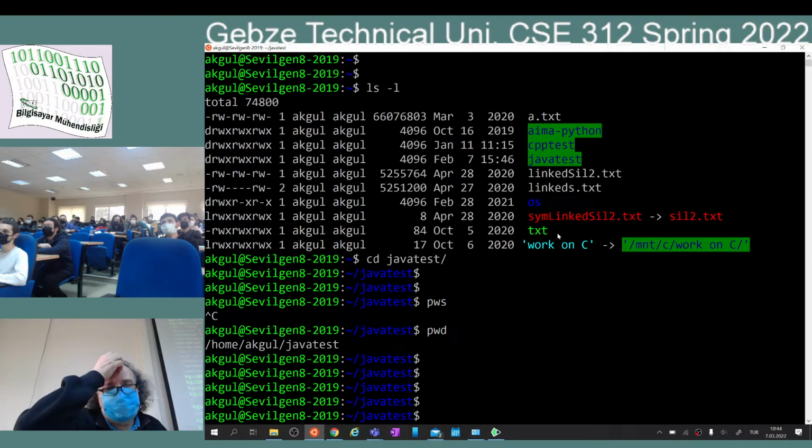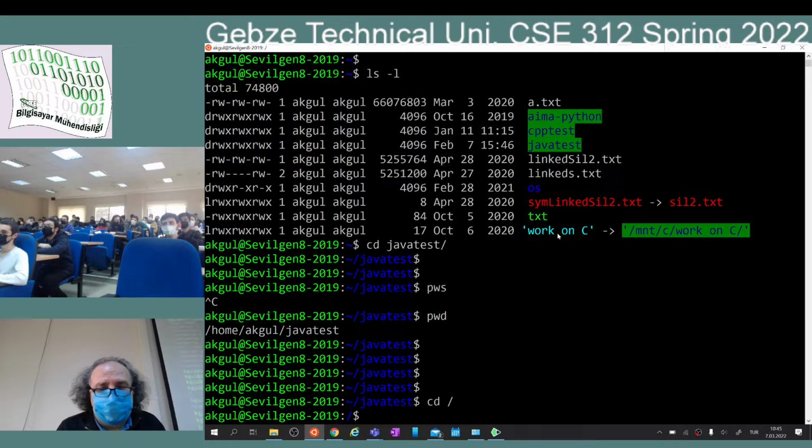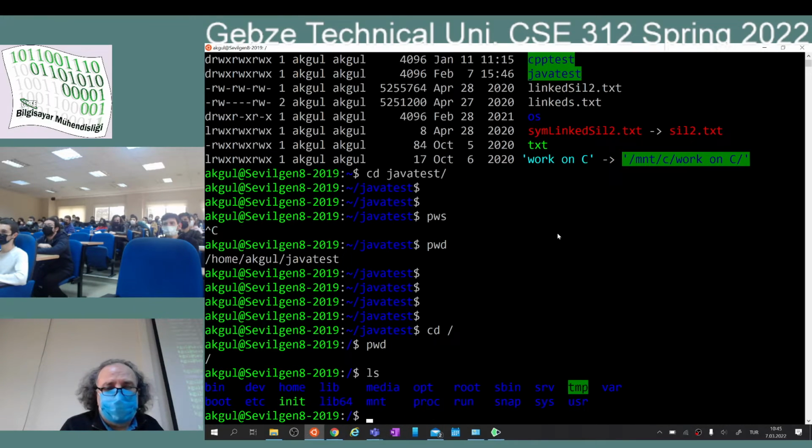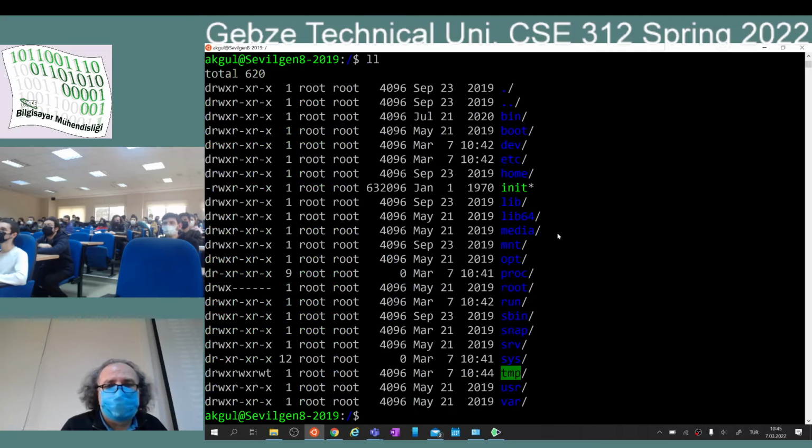The important thing here is that the files that are related to each other are usually grouped into directories, and directories are related to each other. At the top, I have this directory, the root directory. In Linux systems, everything is connected to this root. In Windows operating systems, there is no such thing as root.